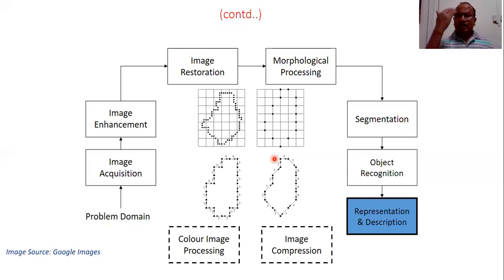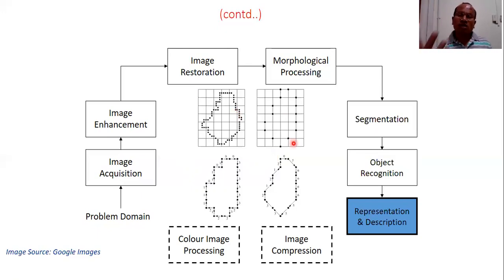record the entire image? Does it record the entire fingerprint? In the beginning it records, but finally in the database it stores the equivalent representations of those signals, those images. Sometimes the final representations are called templates. So these are the representations and descriptions.